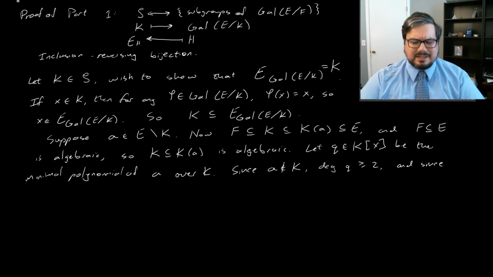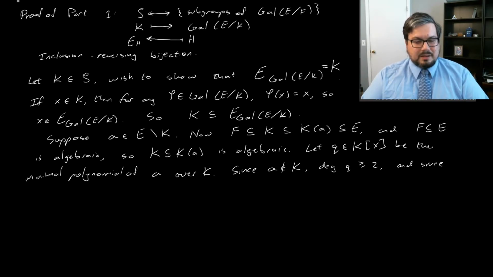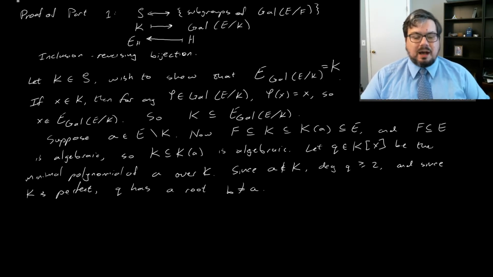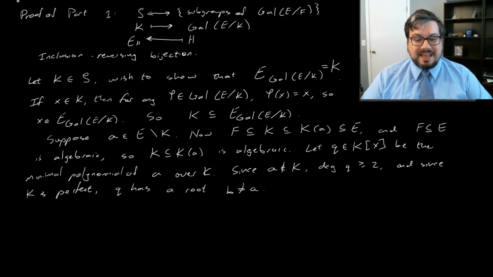And since K is perfect, q has a root b, which is not equal to a. Now, it's not immediately obvious that this root b has to belong to E, so we need a little bit of an argument for that.